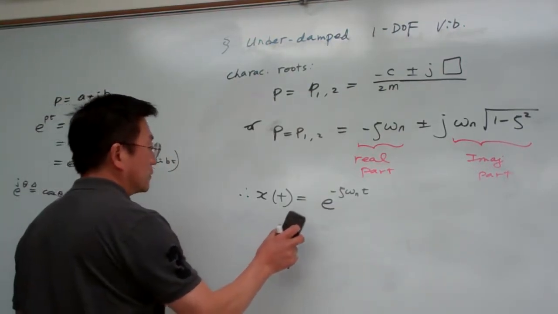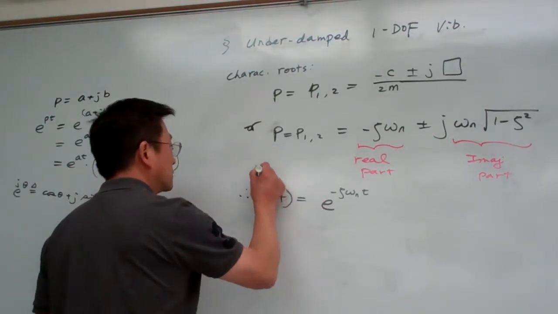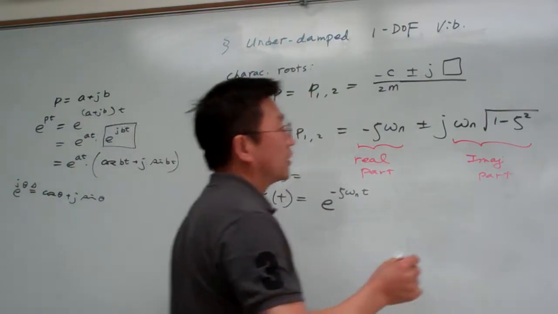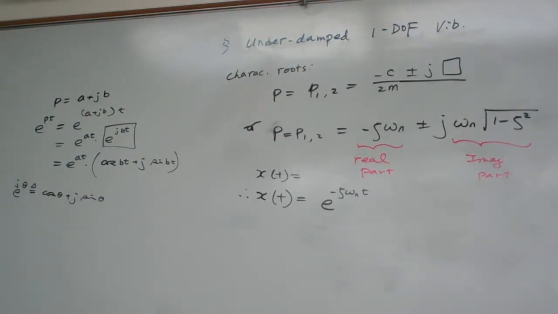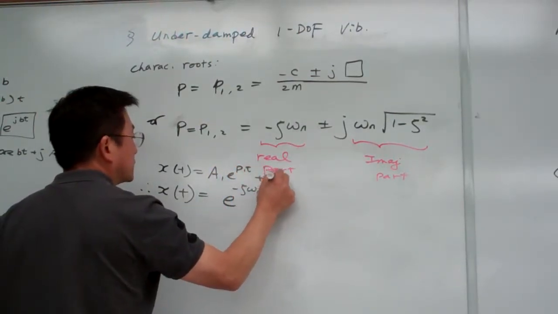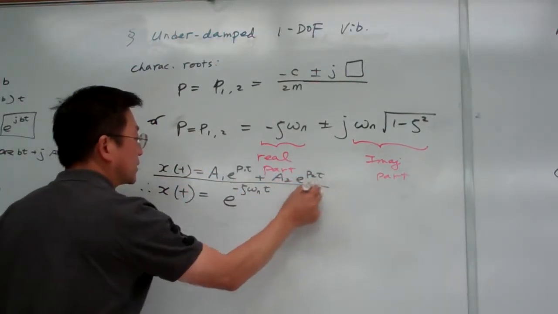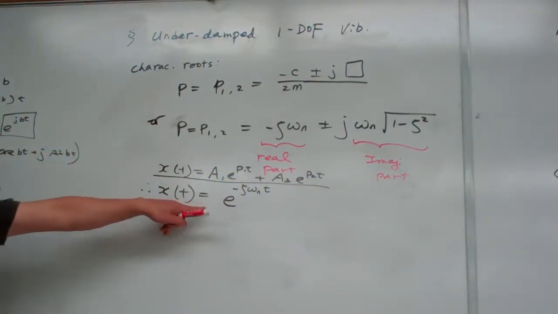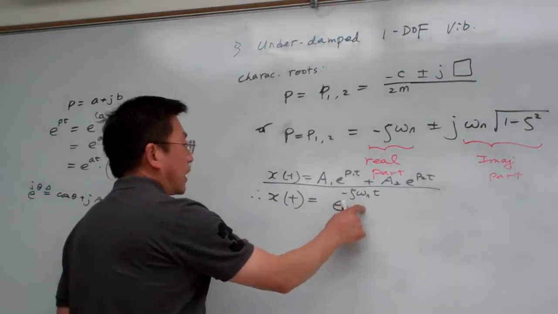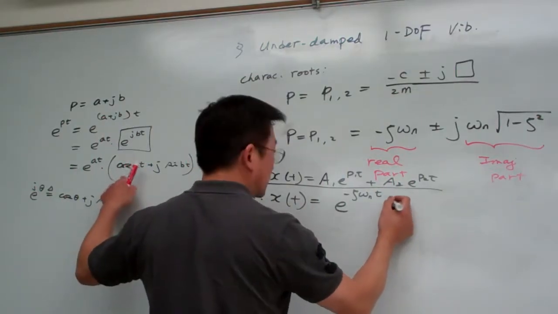Before doing that, let me add one more line. Going forward, if we have this, then our solution is A1 exponent p1 t plus A2 exponent p2 t. I think we need to add this one prior to that one. Now for the p1 t, I plug in cosine.